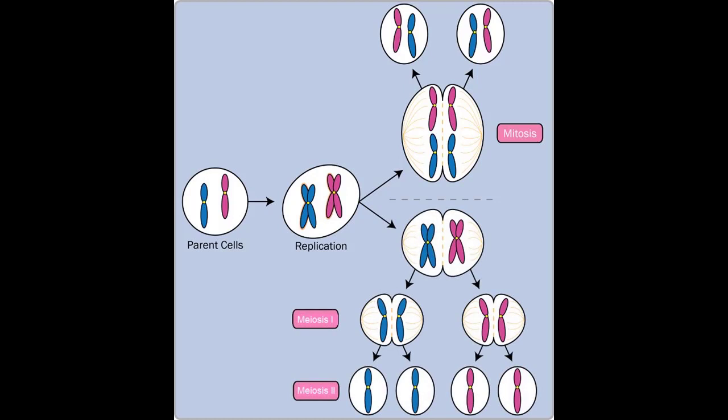Meiosis, we're going to take a little branch off here, and the first thing we separate are our homologous chromosomes. Those first 2 daughter cells are going to have 23 of our sister chromatids together, representing every one of our essential chromosomes. The other is going to have the different 23.